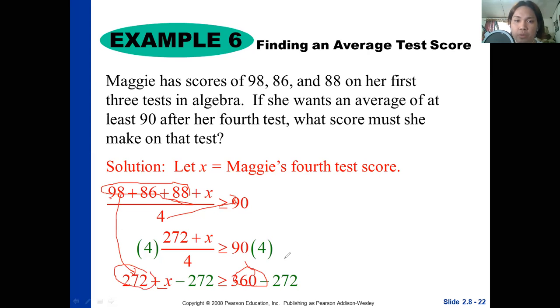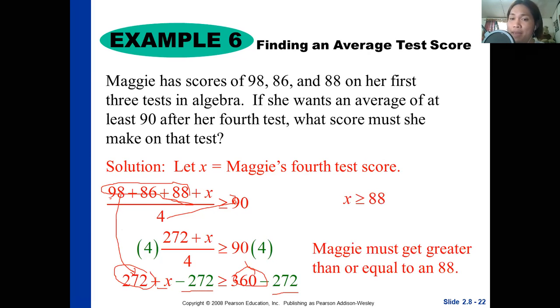Then to eliminate 272, we apply the subtraction property of inequality, subtracting 272 from both sides. So now we have x is greater than or equal to 88. In short, Maggie must get a grade greater than or equal to 88, so that she gets an average of at least 90 after her fourth test.